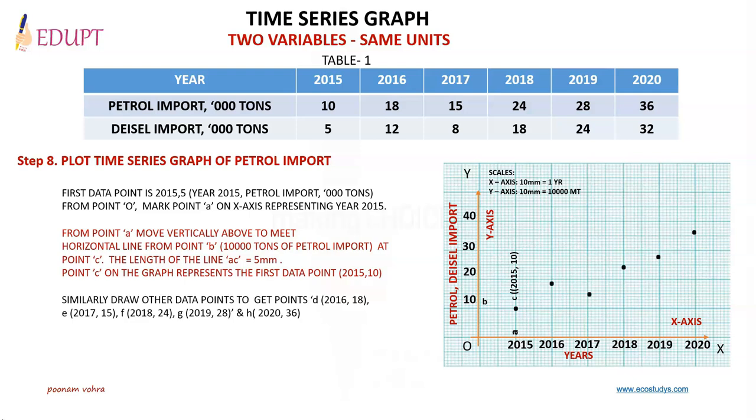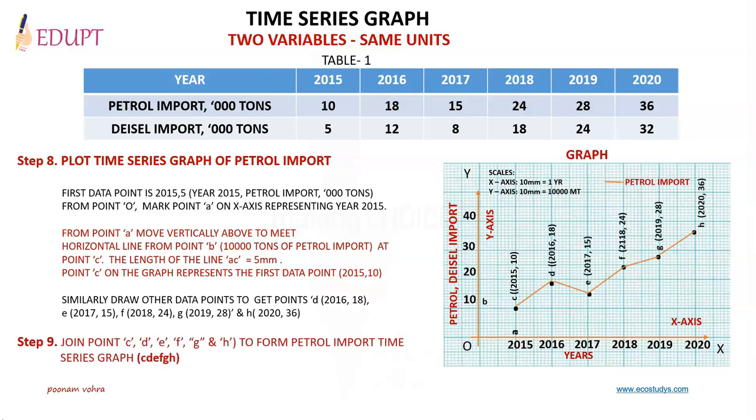Then one can coordinate 2016 with 18,000 tons of petrol import, 2017 with 15,000 tons, 2018 with 24,000 tons, 2019 with 28,000 tons, and 2020 with 36,000 tons of petrol import.